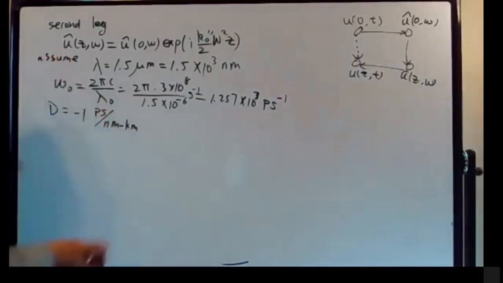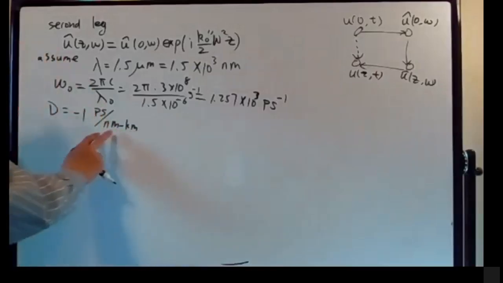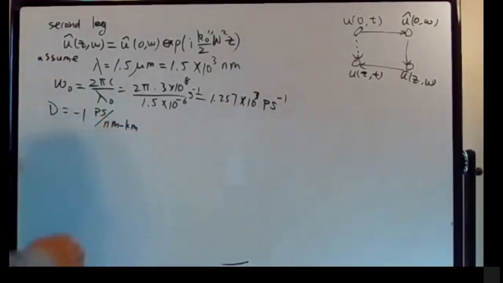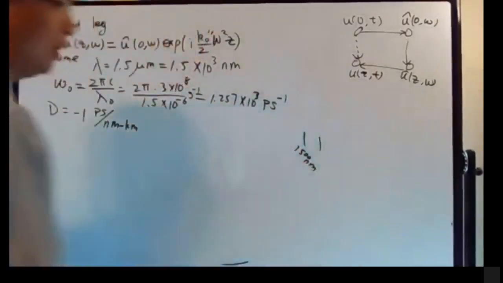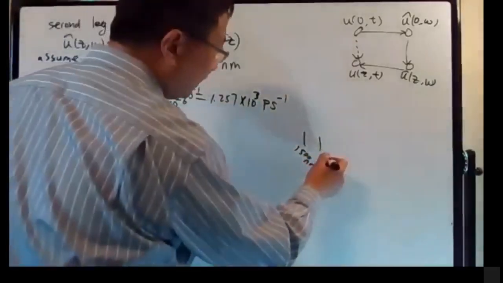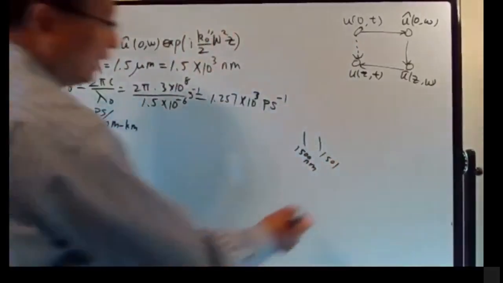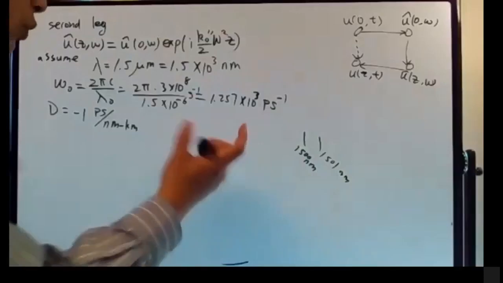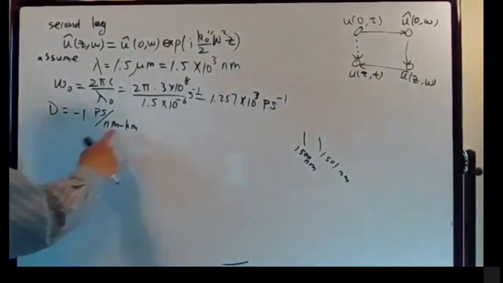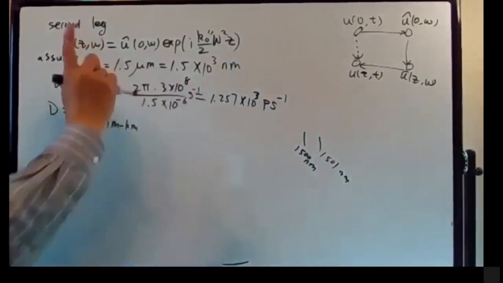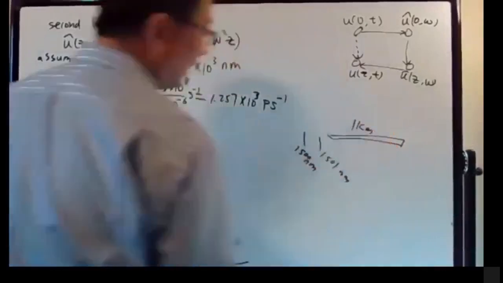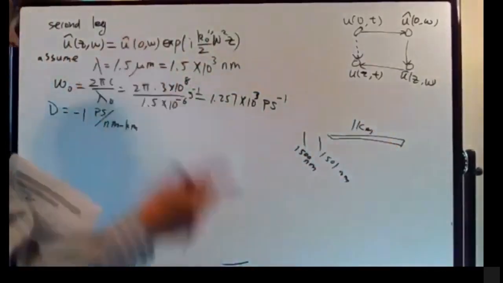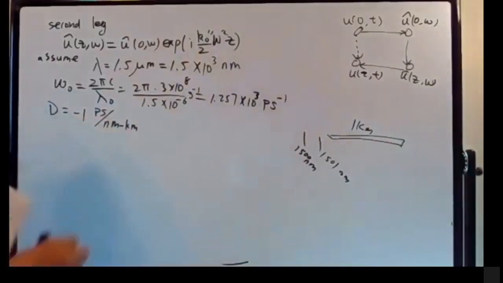What it means in the optical fiber is, if I have 1 nanometer spacing, for example two signals, one is 1500 nanometer and another is 1501 nanometer, two frequency components spaced by 1 nanometer, and they propagate through 1 kilometer of fiber, at the end in the time domain they are negative 1 picosecond apart.